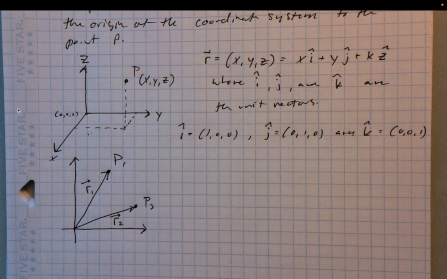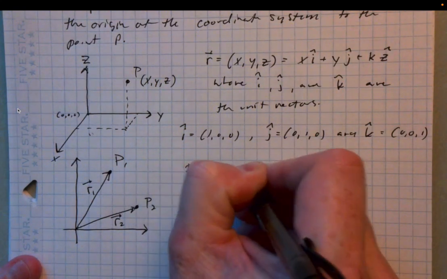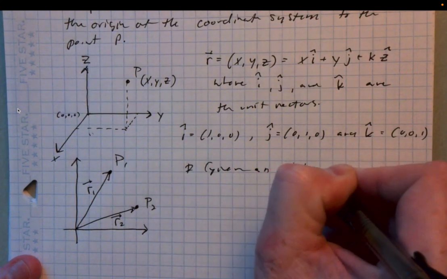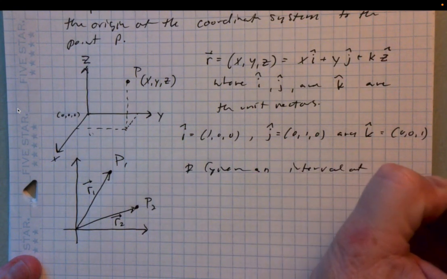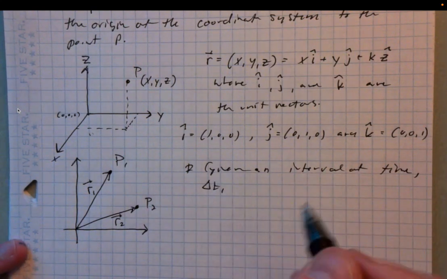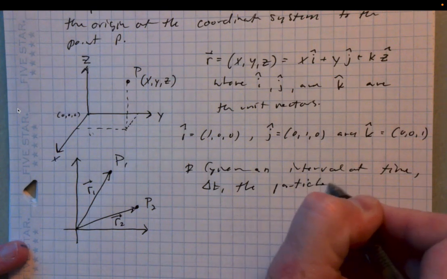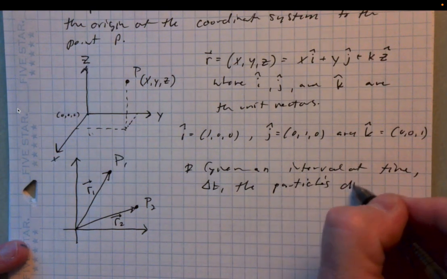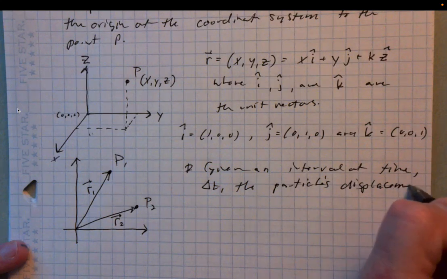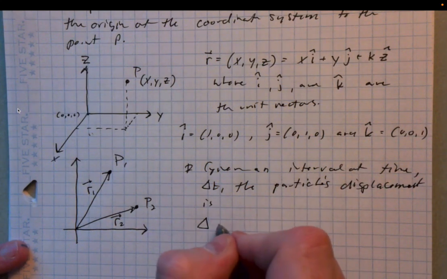Okay, and so given a certain time interval, we can calculate the displacement. So we'll say, given an interval of time, which we'll denote as delta t, the particle's displacement is delta r.